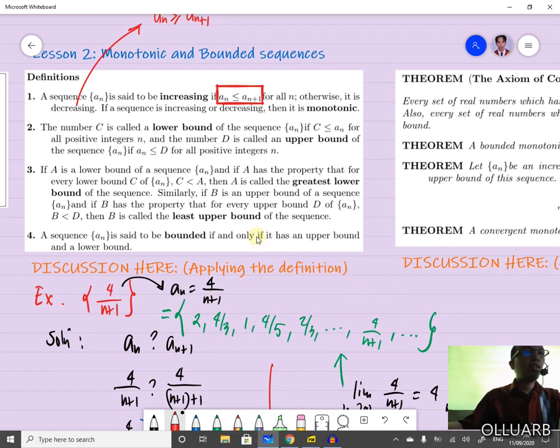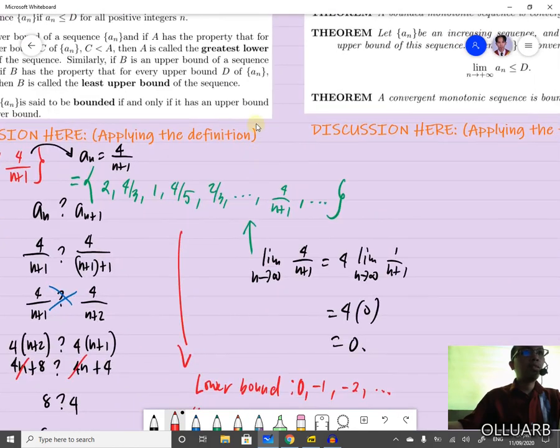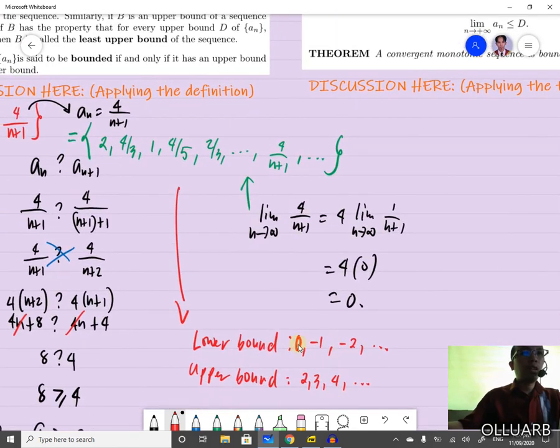So for example, these are our lower bounds, 0, -1, -2, and -3 could be our lower bound.